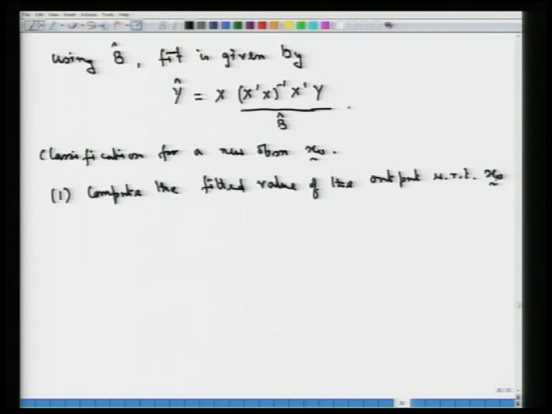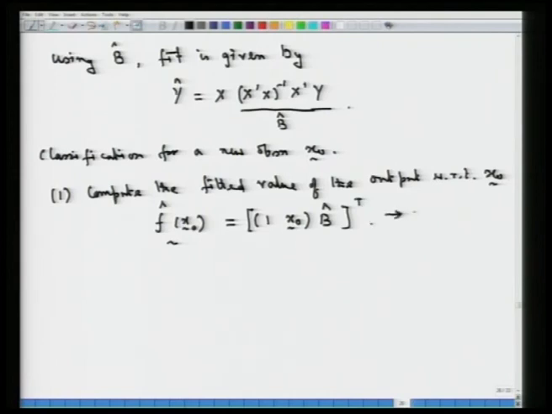Now remember, we had a constant term, so let us denote this fitted output by f hat of x naught. Now this itself is going to be a vector, because if we look at how that is going to be obtained, it is nothing but 1, the constant term, augmented with this x naught, multiplied by this B hat matrix, and then we take the transpose of this quantity.